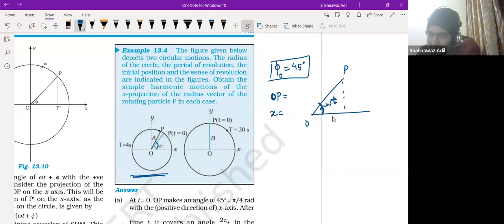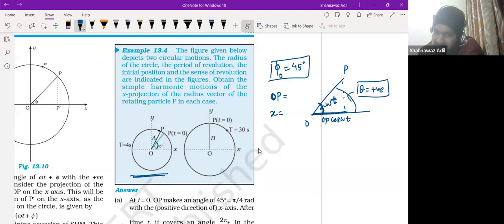What would be the projection on this x-axis? This would be OP cos omega t, right? And whenever we are moving in this direction, we take the angle to be positive.